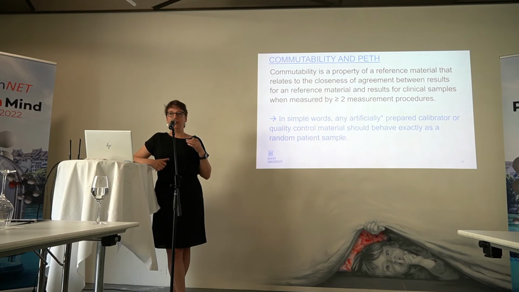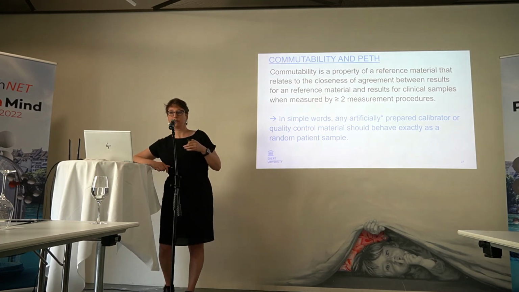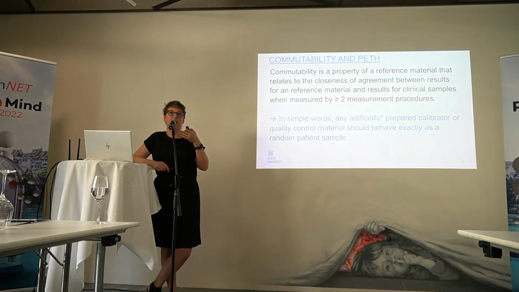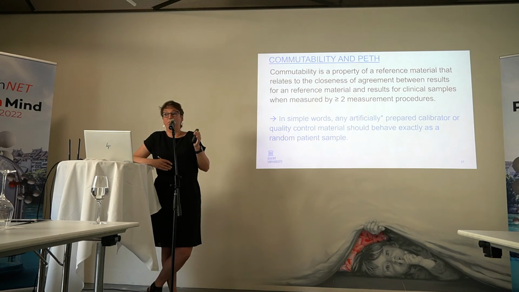And if you would look up literature to check how we establish whether a material is commutable or not, what we'll do is a method comparison with 2 or 3 or 5 or 6 or whatever number of laboratories.